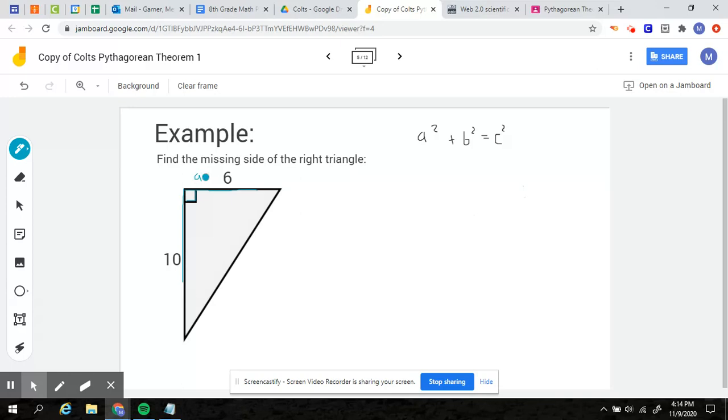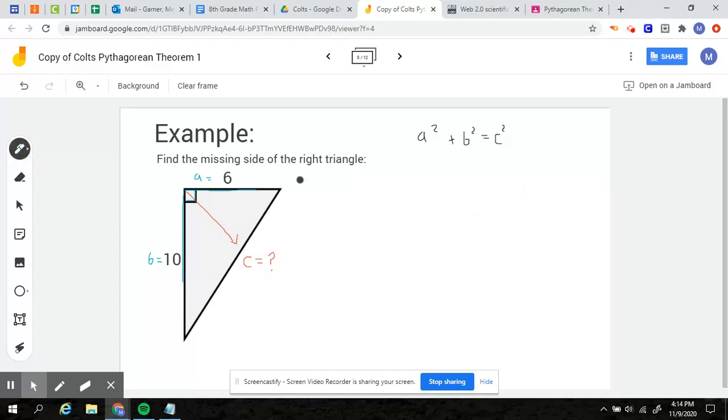I'm going to go ahead and say a equals 6, b equals 10, but it doesn't matter which one you label as which. That means the one side that is missing, so notice that this side doesn't have a number on it, that's going to be your hypotenuse, that's c. That is what we're trying to find. This whole first week, guys, you are always going to be finding that hypotenuse. Moving forward, though, sometimes you'll be finding the leg instead.